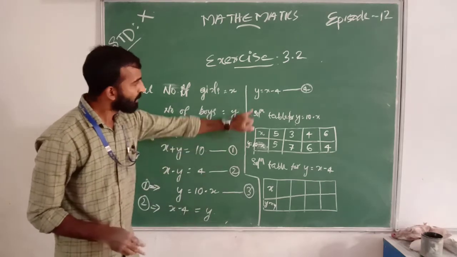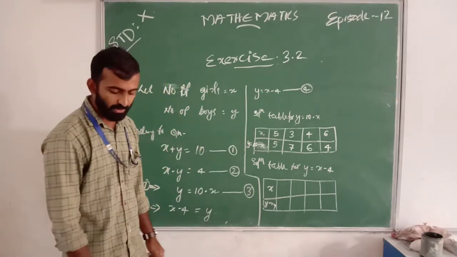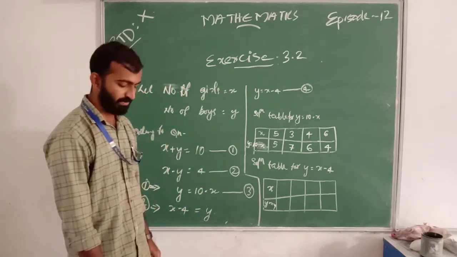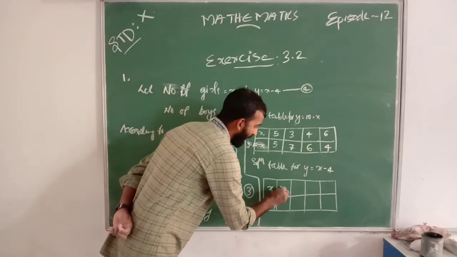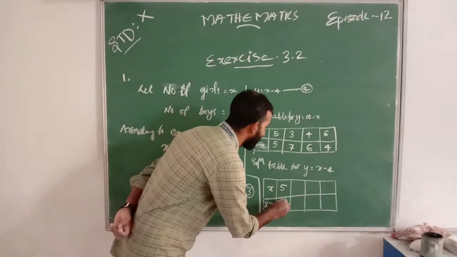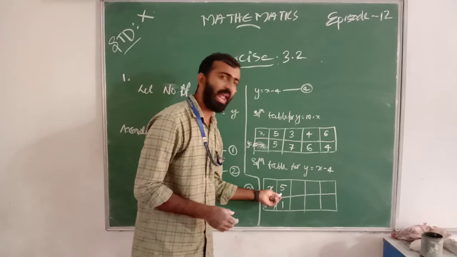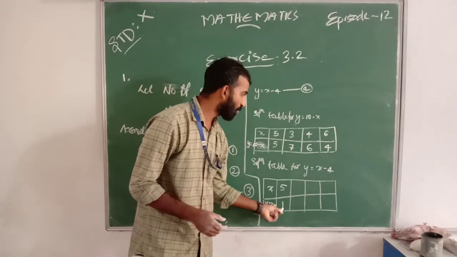That is the solution table for y equal to x minus 4. I take x as 5. What do we get? When we give the value of x as 5, then 5 minus 4 we get 1.